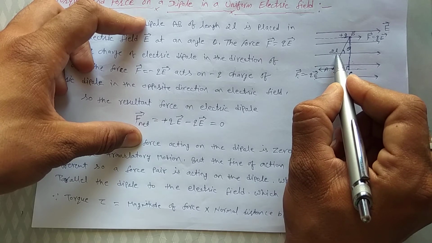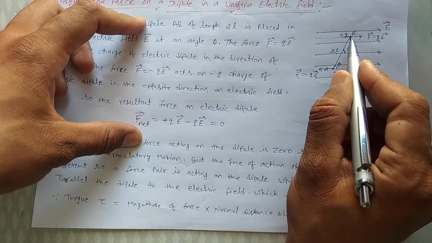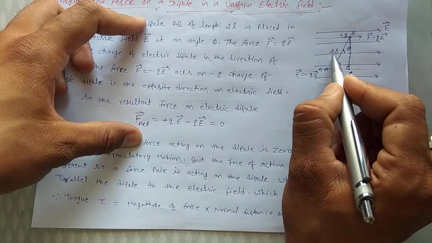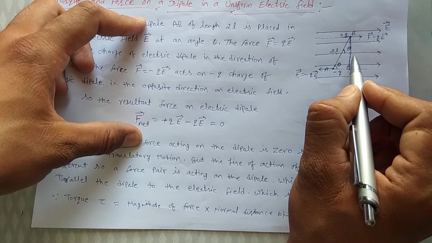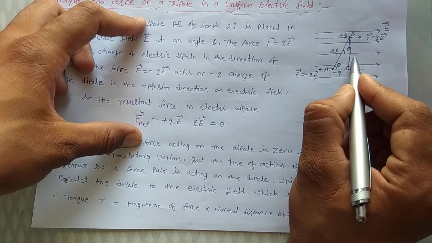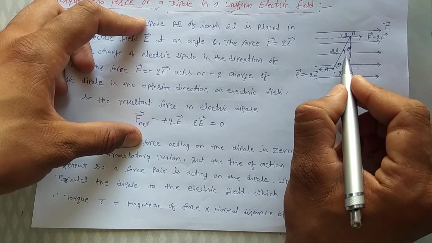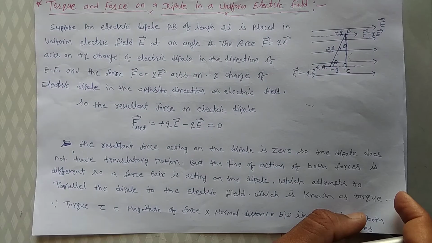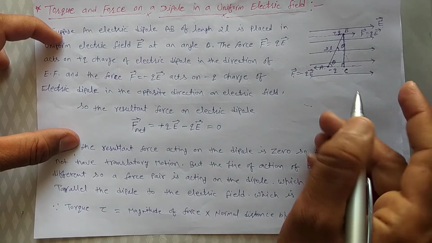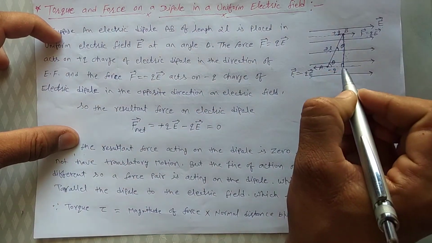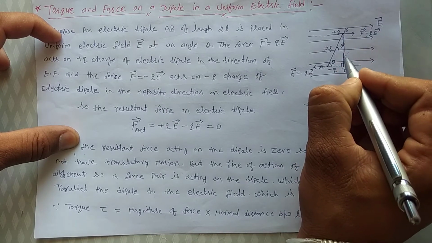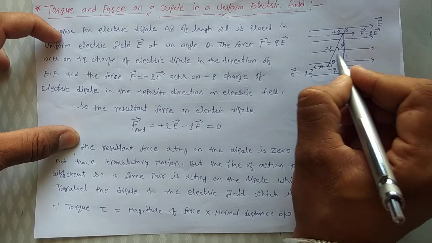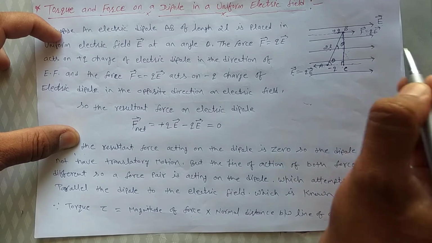The length of the dipole is 2L, and this distance we measure, BC. This BC is measured by this triangle. In this triangle, this arm is the perpendicular and this is the hypotenuse.